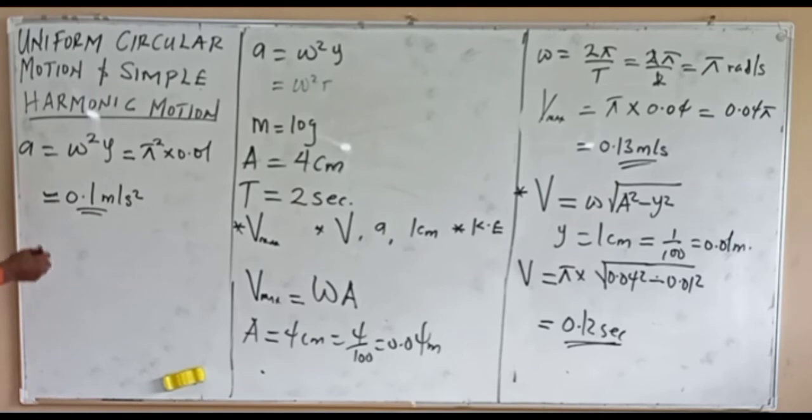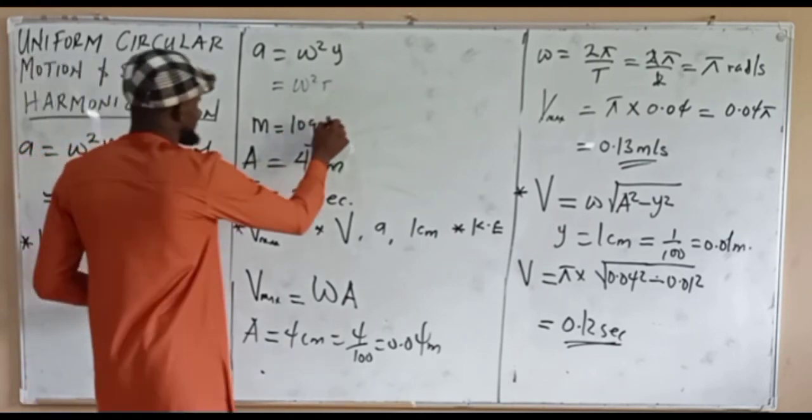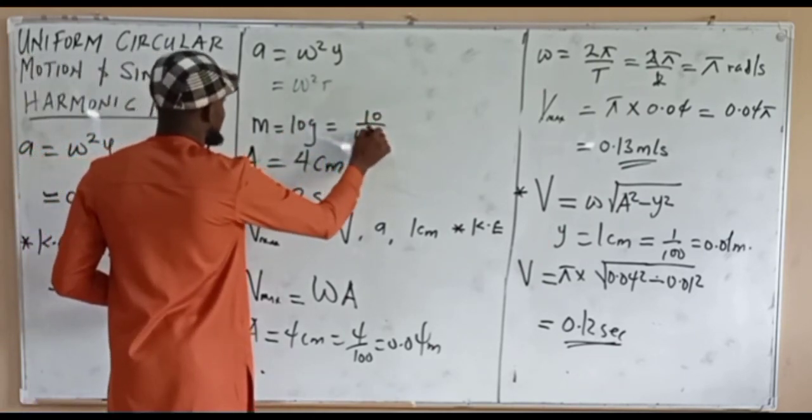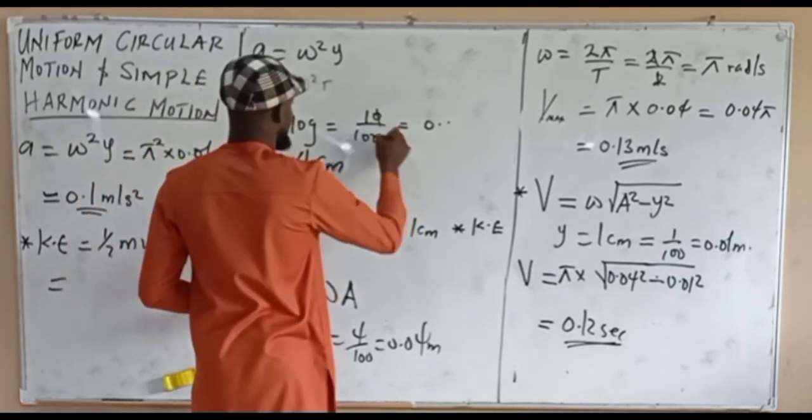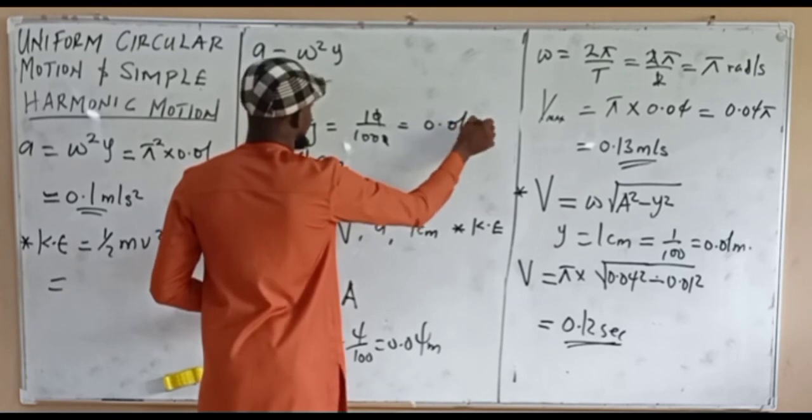Then, the third one is the kinetic energy at the center, which is half m v squared. The mass is 10 grams divided by 1000, we're going to have 0.01 kilogram.